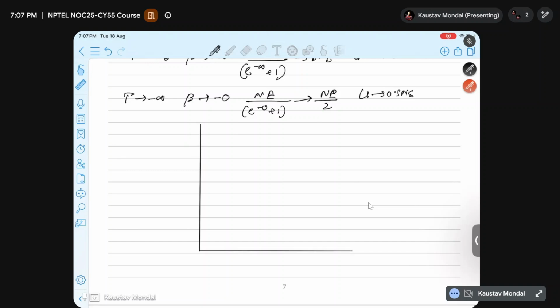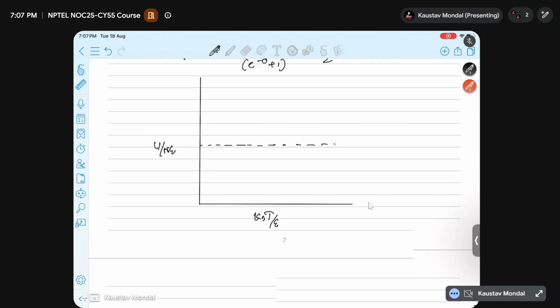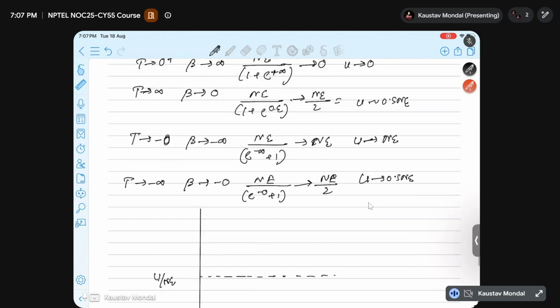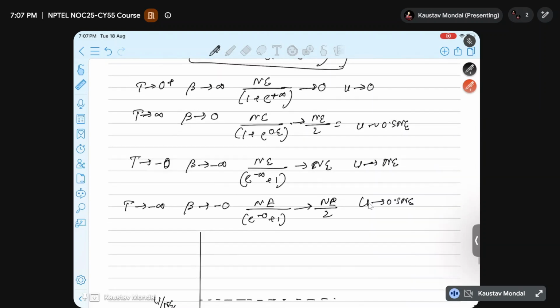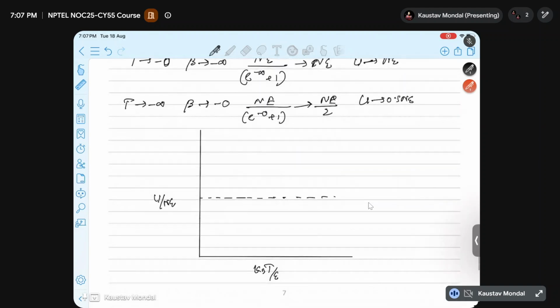So let's suppose we are plotting, in one direction, kBT by e, and in the other direction, U by Ne. Now if it goes towards 0 from the positive direction, the internal energy will try to become 0.